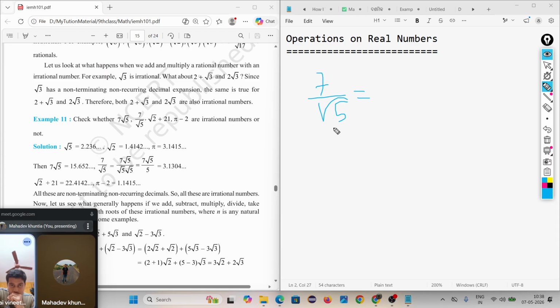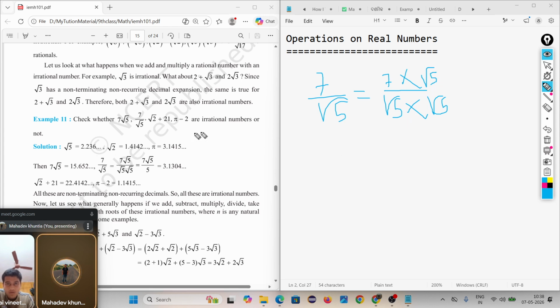That means if your denominator has an irrational number, you have to convert that irrational number into rational. How? By multiplying by the same number. After some time we will study rationalization, in which we will cover this concept. So why am I multiplying by root 5 here? Because I know root 5 into root 5 becomes 5.